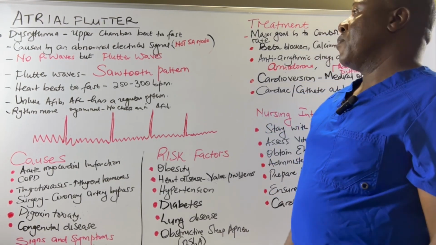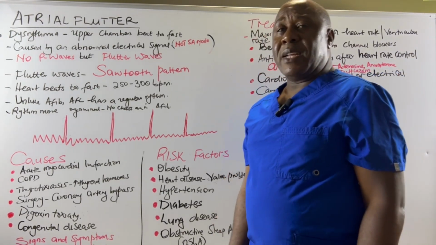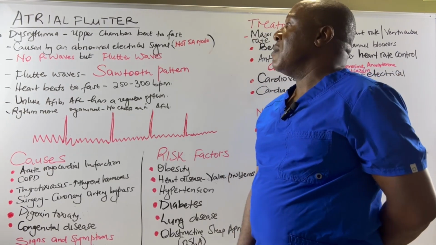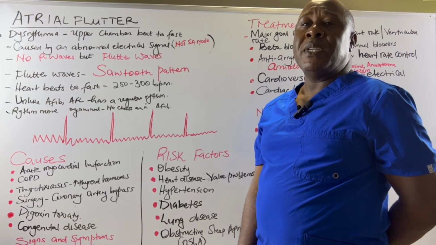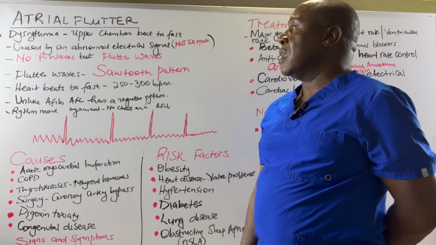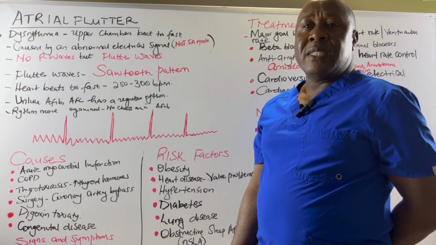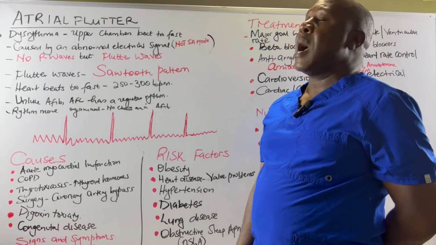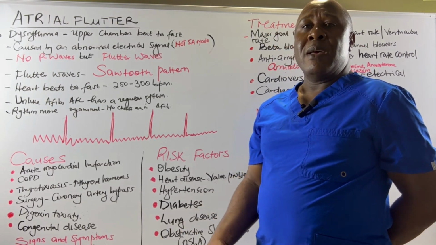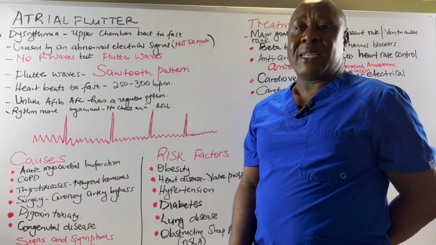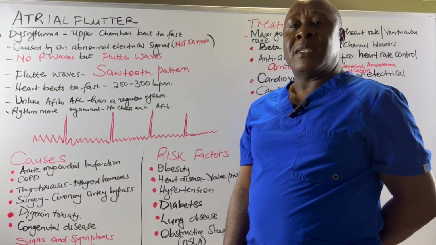So let's get started. Now, atrial flutter is a heart dysrhythmia where the heart's upper chambers, the atria, beat too fast or rapidly. This dysrhythmia is caused by an abnormal electrical signal issued by pacemaker cells other than the SA node.